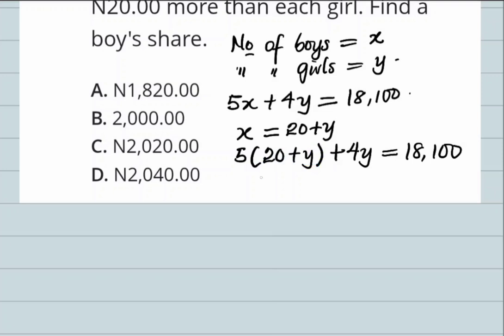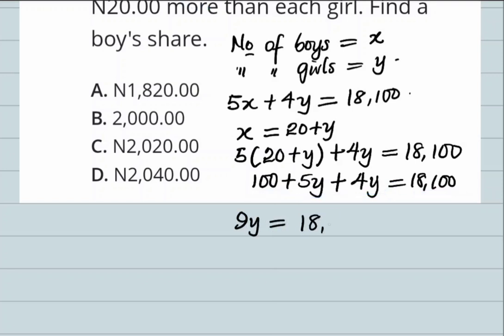Simplifying this, we have 5 times 20, which is 100, plus 5y plus 4y equals 18,100. Taking this 100 to the side, 5y plus 4y gives 9y, equal to 18,100 minus 100.